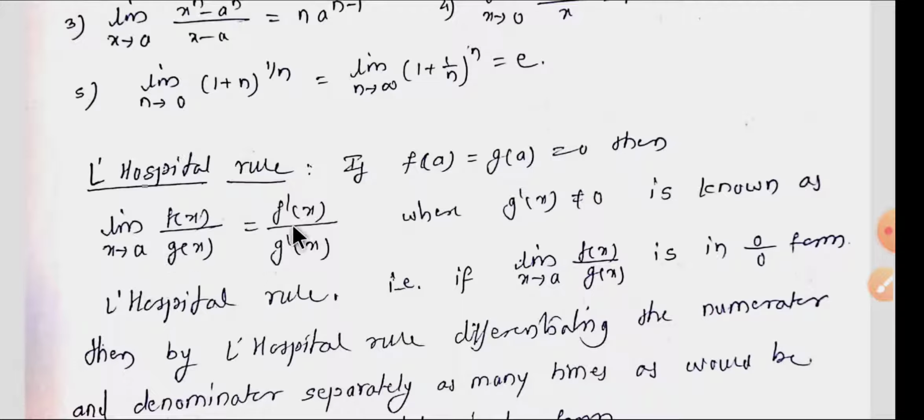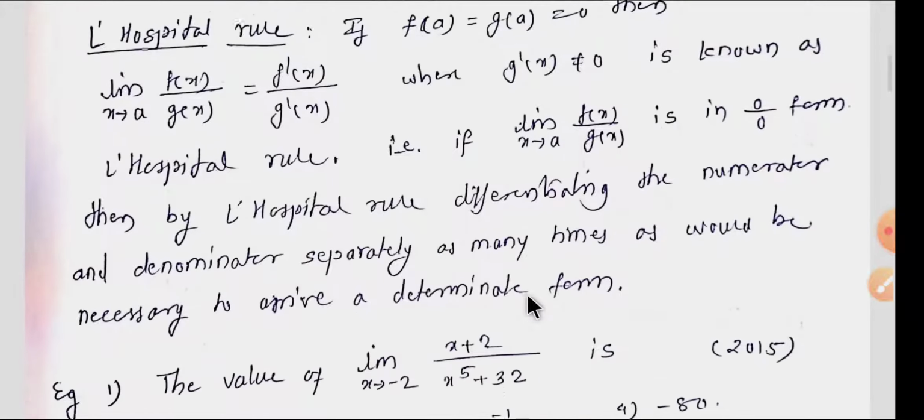Then we get the value f dash of x by g dash of x, that is, differentiating numerator and denominator separately, where g dash of x is not equal to 0. This is known as L'Hospital rule. That is, if limit of f of x by g of x is in 0 by 0 form, then by L'Hospital rule we differentiate the numerator and denominator separately and then put x equal to a. So we get a finite value, and that is nothing but the limiting value.